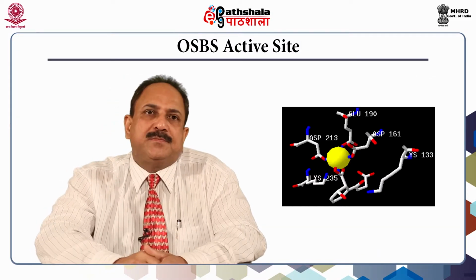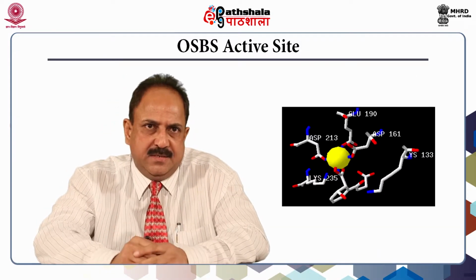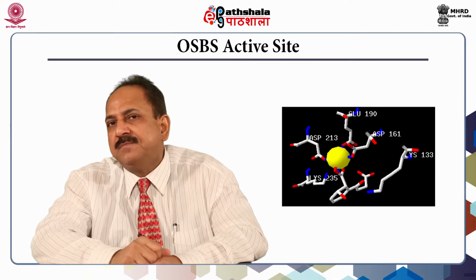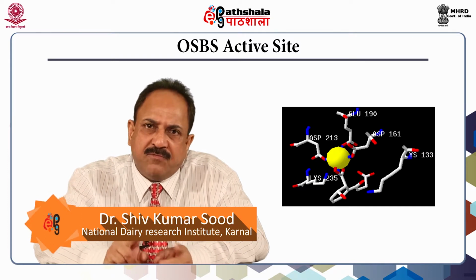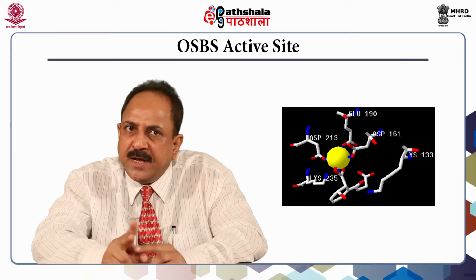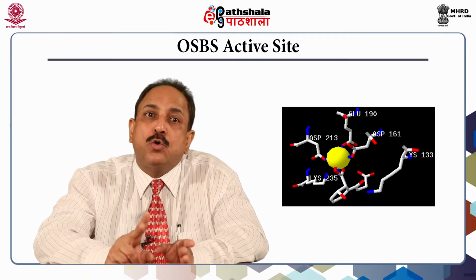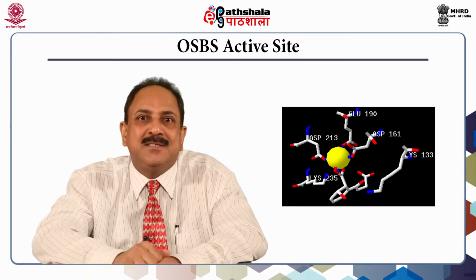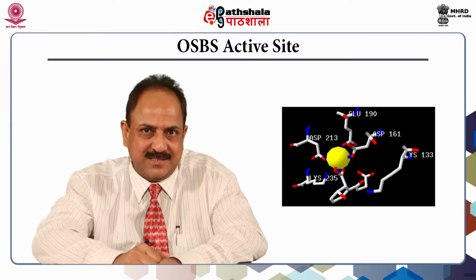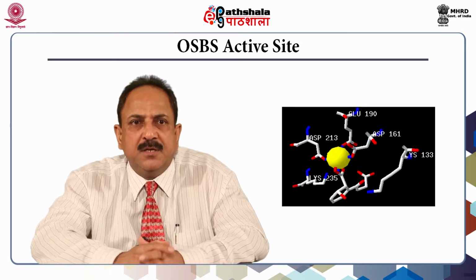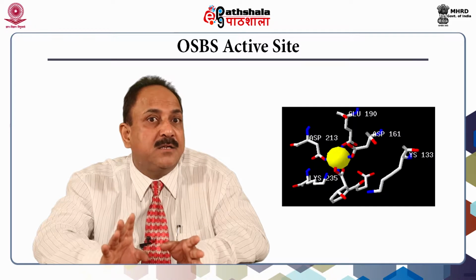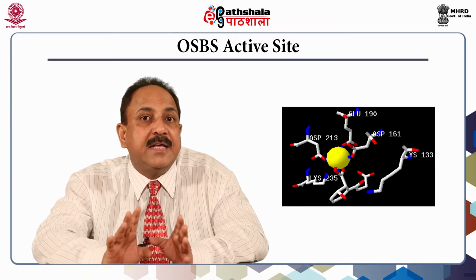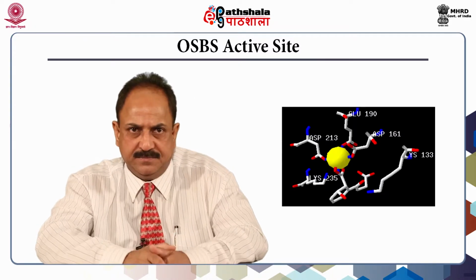Dear students, in OSBS, lysine 133, lysine 235, aspartate 161, glutamate 190 and aspartate 213 are the residues involved in the chemical catalysis. Therefore, mutating any of these catalytic residues is expected to abolish the enzyme activity completely.